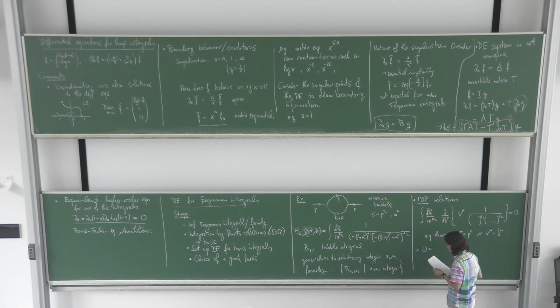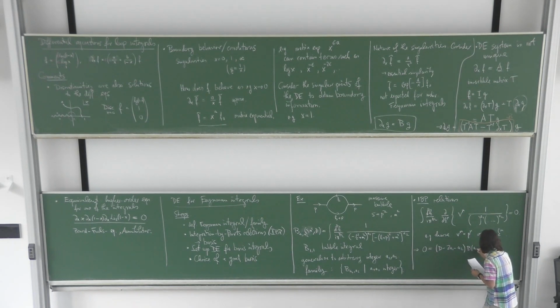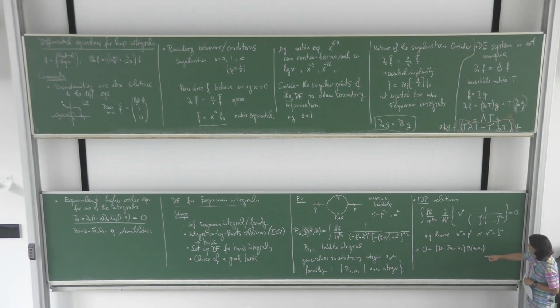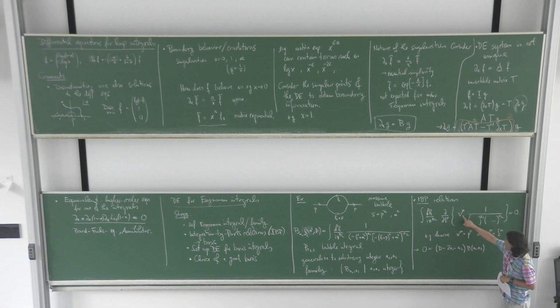So you have 0 equals... there are some terms where we just get the integral with indices a1, a2 back. That, for example, is the case if we choose v equals k and this derivative hits here, then we just get the term d times b. And there are other terms which have to do with this algebra I just mentioned. There's minus a2 b of a1 minus 1, a2 plus 1.